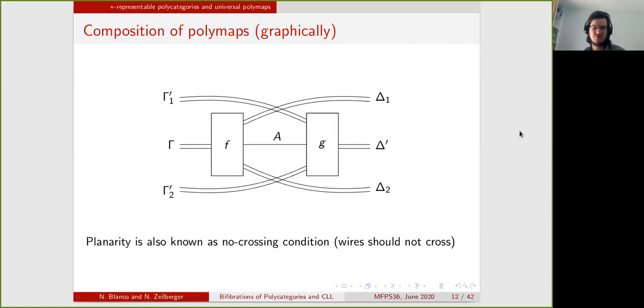And so the planarity condition, which is also known as the no crossing condition, states that wires should not cross. And so in particular, what it will exactly mean is that either this list or this list is empty, and either this list or this list is empty.